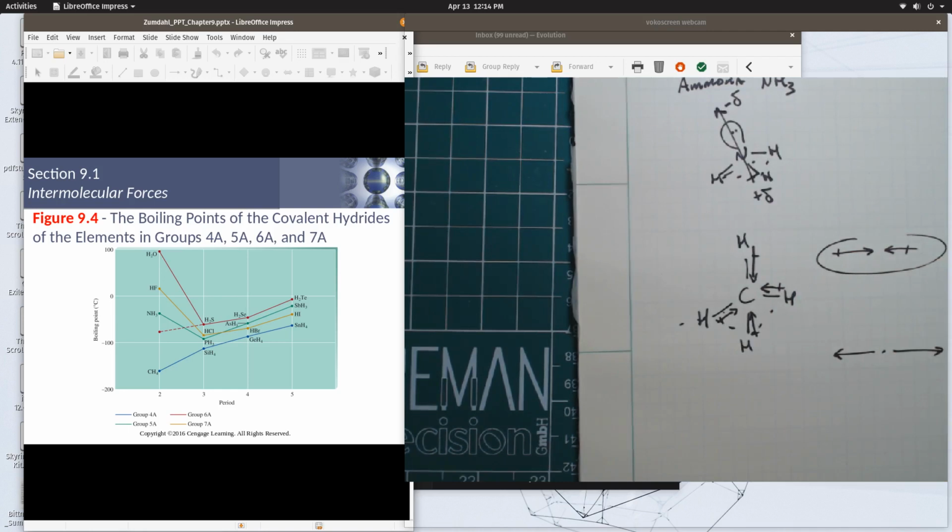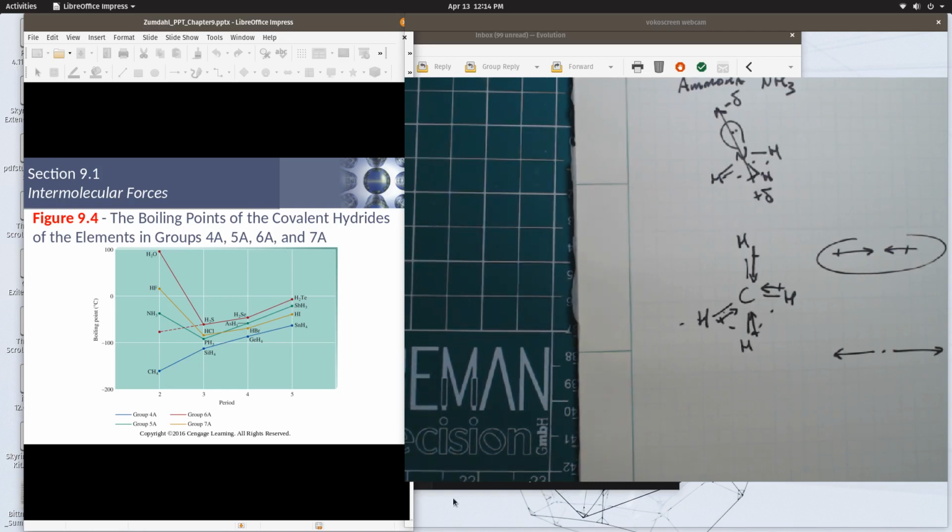So consequently, it has very, very low normal boiling point. As you move across the periodic table, what you notice is that tetrahedral molecules have very, very low boiling points. It increases with the mass. It takes more kinetic energy to kick something into the gas phase.